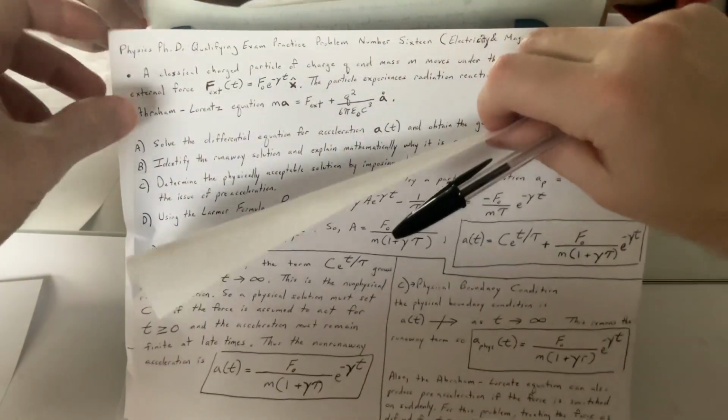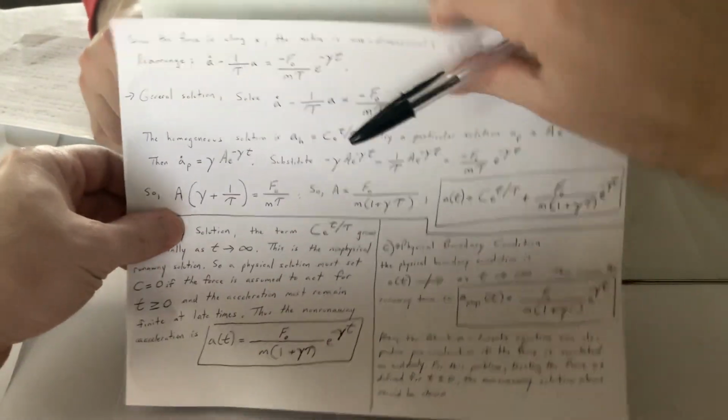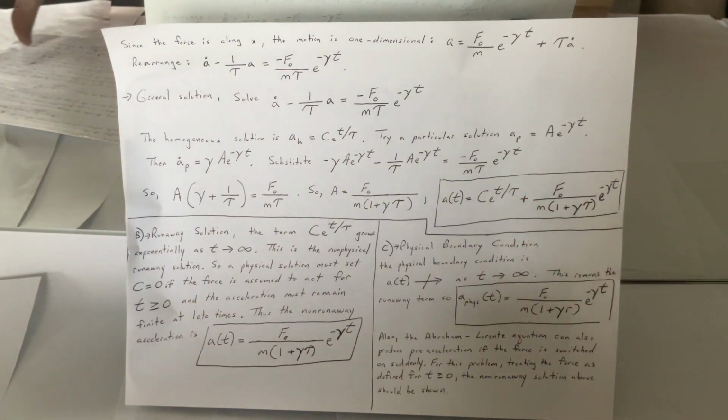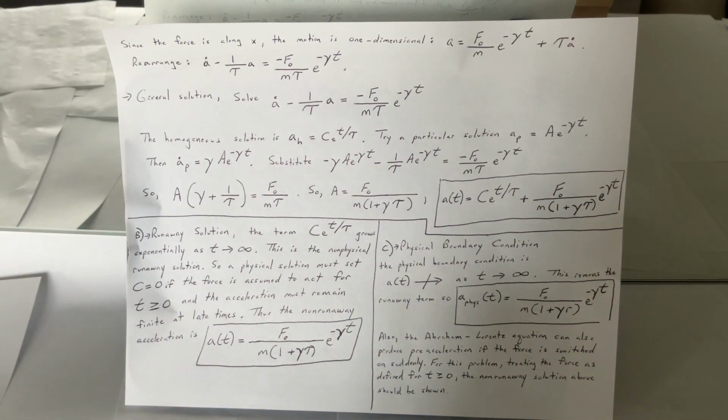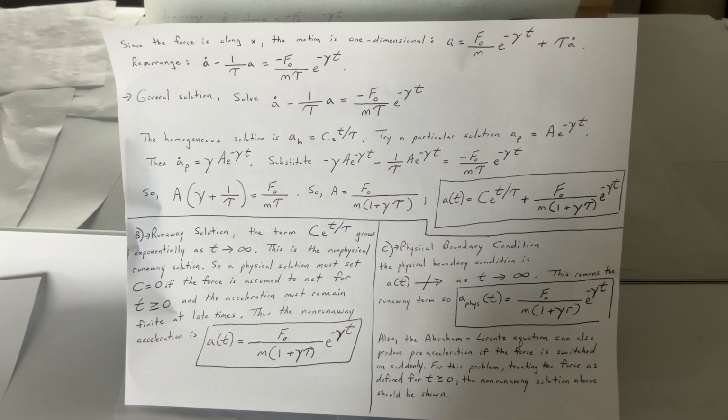Okay, and now part B. Going back to the first page, what they want us to do for part B is identify the runaway solution and explain mathematically why it is considered unphysical. So part B here, the runaway solution, the term C e^(t/τ), is going to grow exponentially as t approaches infinity.